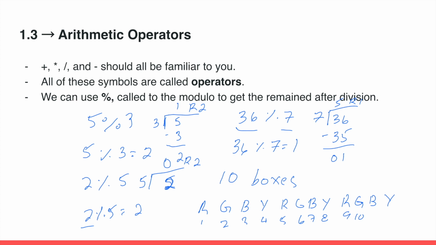So let's say we want to figure out what the 9th term is. We're just going to do 9 modulo 4, because this proceeds in a sequence of 4, and this is just going to be 1, because we have 4 times 2, remainder 1, and so that means we know that 9 is going to be red right here.